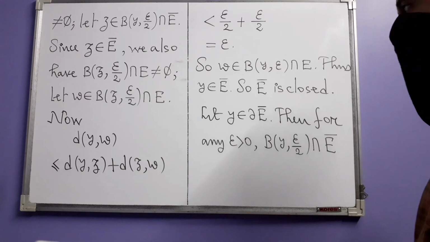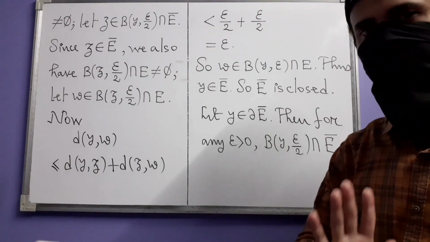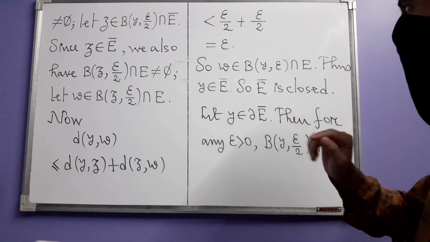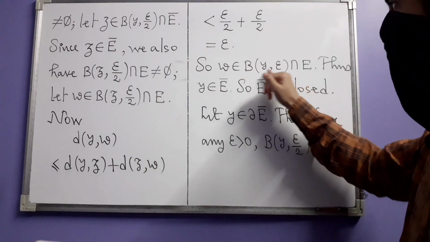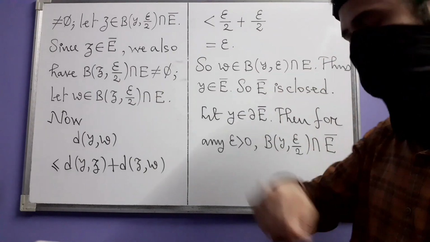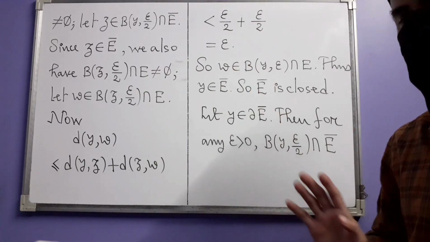You go back to the definition of adherent point. What is Y actually? Originally Y belongs to the boundary of E closure, and then by doing all these things, we found that this ball centered at Y, B(Y, epsilon), intersects E. At some point, at what point, that does not really matter.